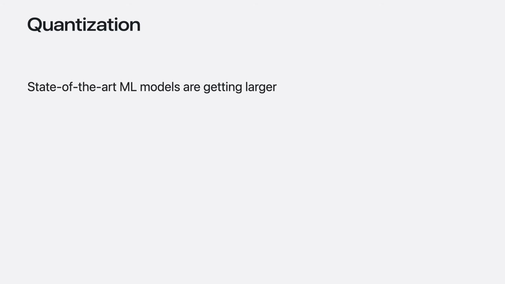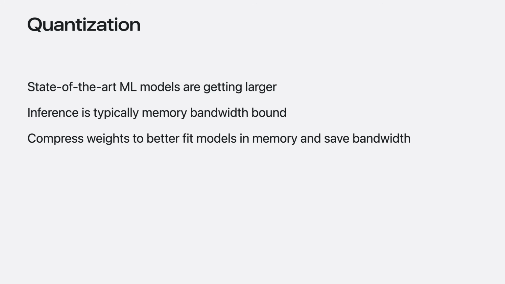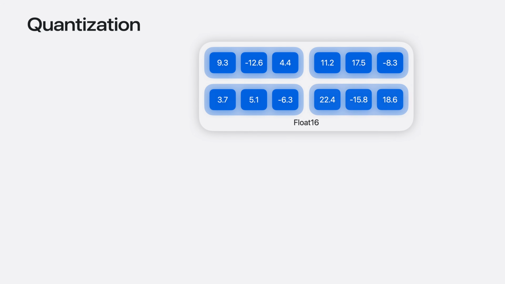As we know, state-of-the-art machine learning models are getting larger. The inference stage is typically memory bandwidth bound, so compressing the weights becomes necessary, both to better fit models into memory and to save memory bandwidth. The standard approach for compressing weights is quantization.